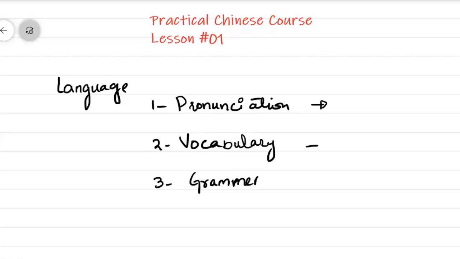Then you have to go for vocabulary, words for daily routines. After doing these two, pronunciation and vocabulary, you have to know how sentence structure works.